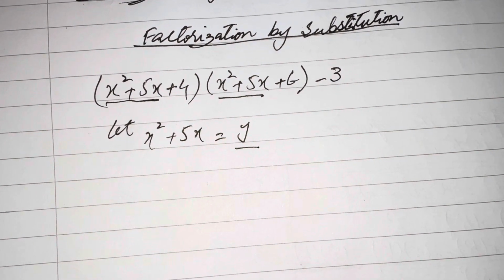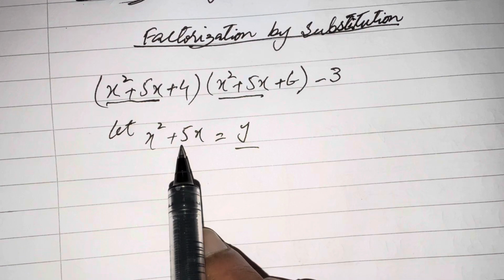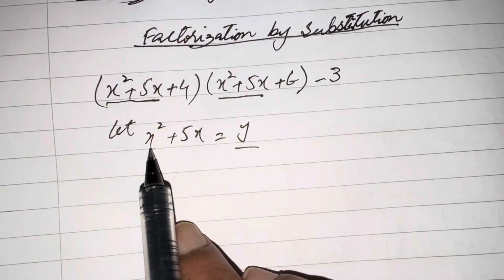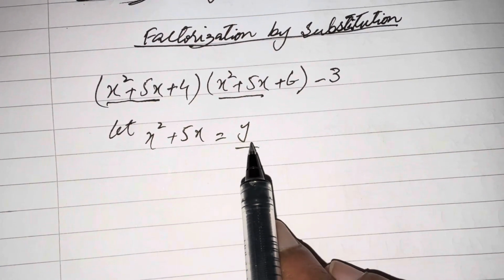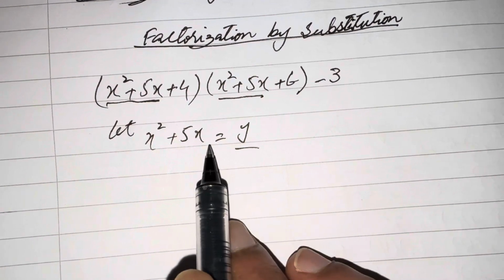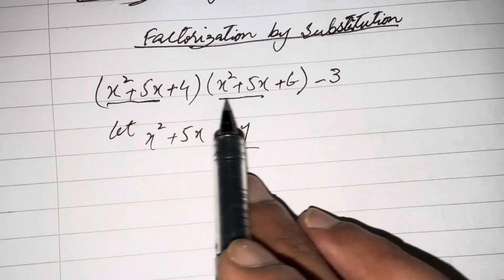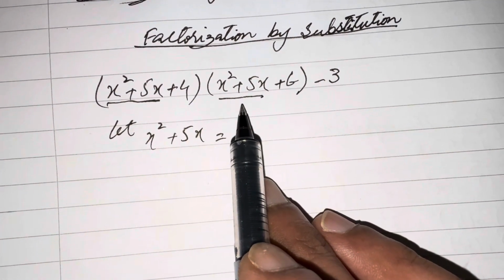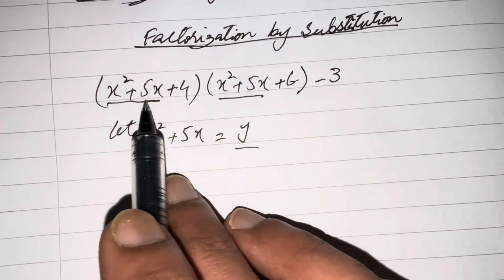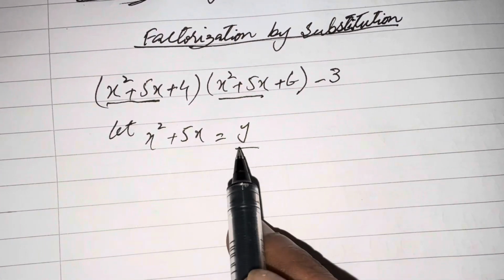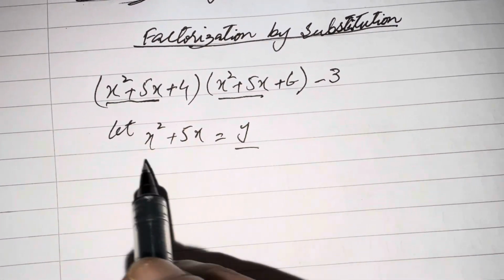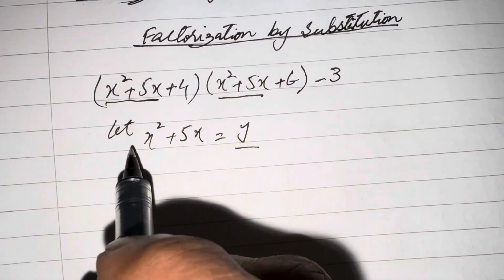So here we have supposed that x squared plus 5x is equal to y. By putting the value in these two expressions in place of x squared plus 5x, we are going to put y. Then let's see what we have got.